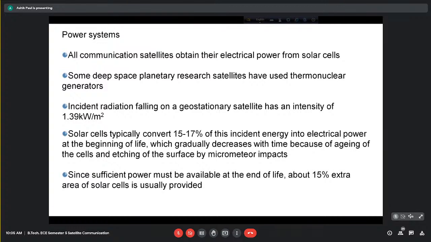Those satellites do not have access to that much solar radiation, so they have to depend on thermonuclear generators. That means some kind of nuclear power. Although during the launch of those satellites there is an element of risk involved.